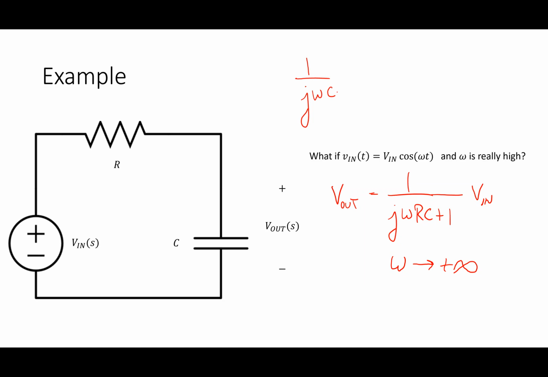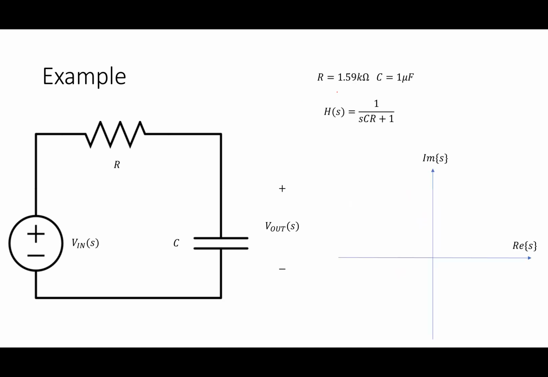So what I often do is look at a specific circuit that has C equals 1 microfarad and R equals 1.59 kilo ohms. What I would find in this circuit is that RC equals, I wrote it down, 628.9.